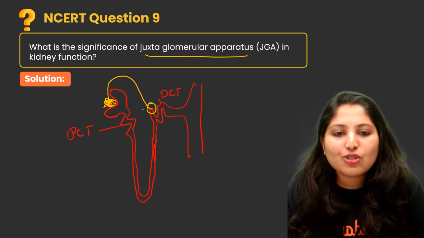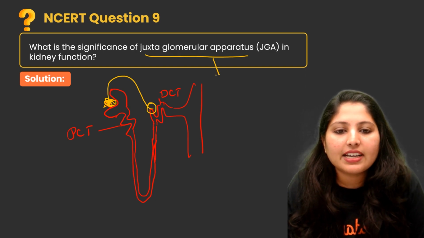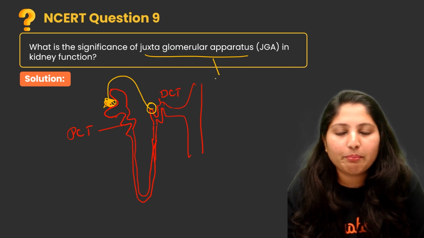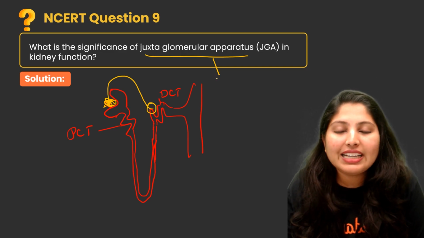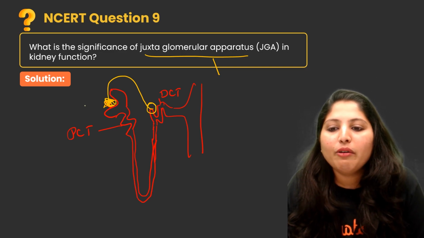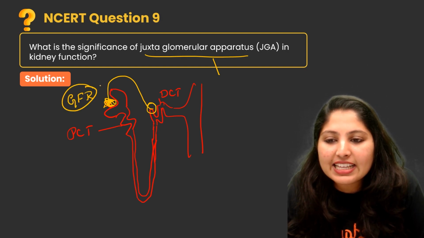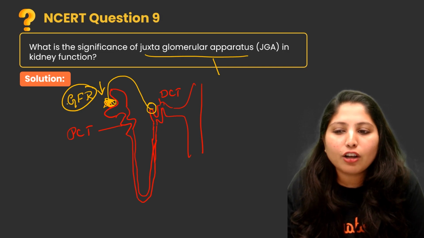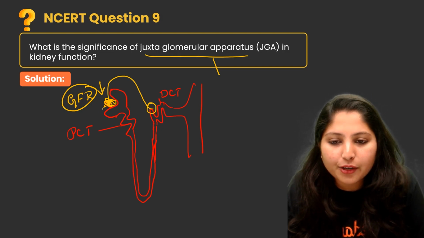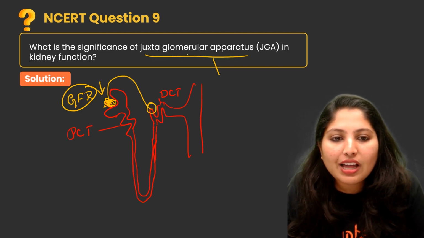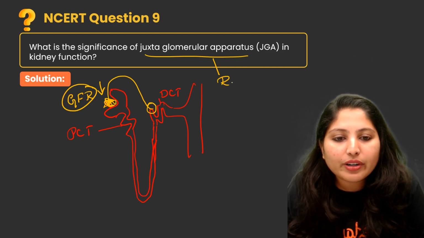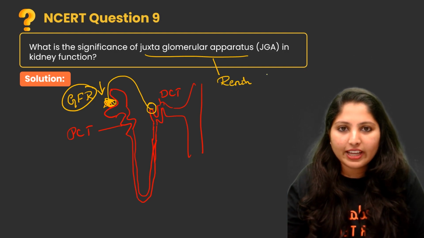This juxtaglomerular apparatus can release renin. When the glomerular filtration rate is reduced, the juxtaglomerular apparatus releases renin.